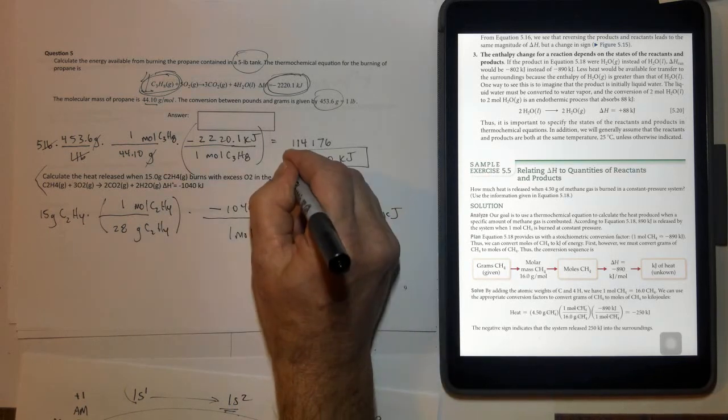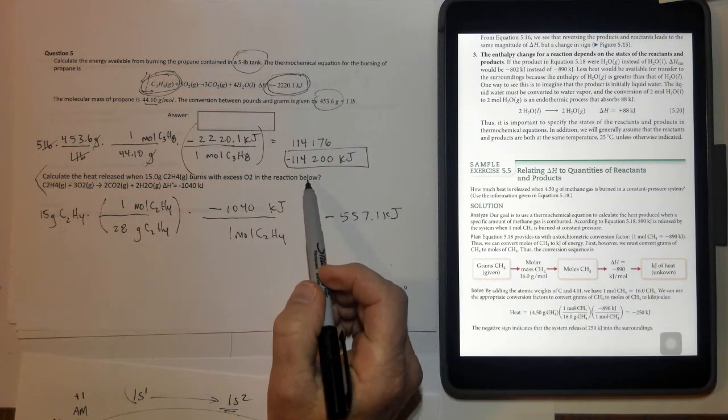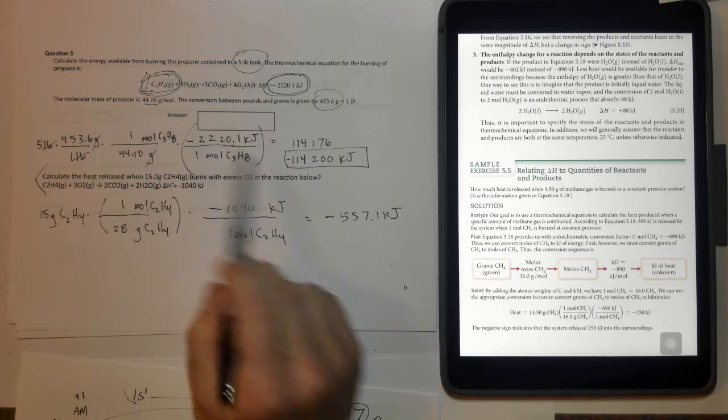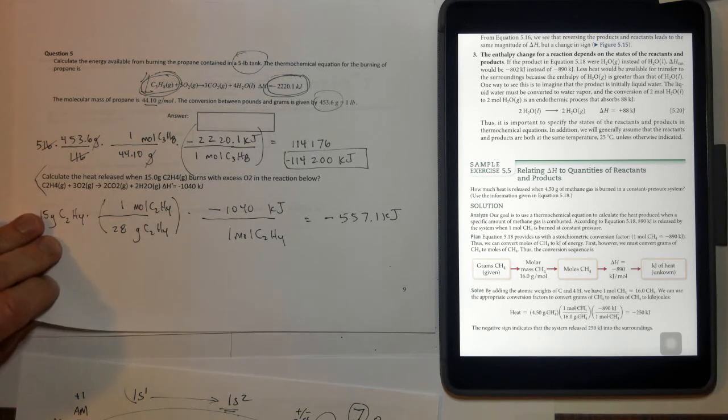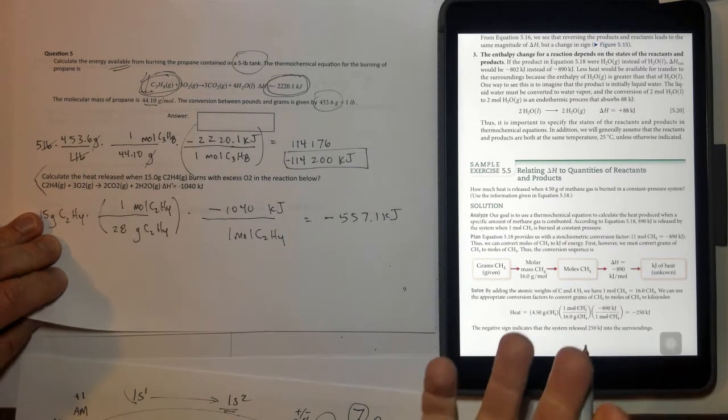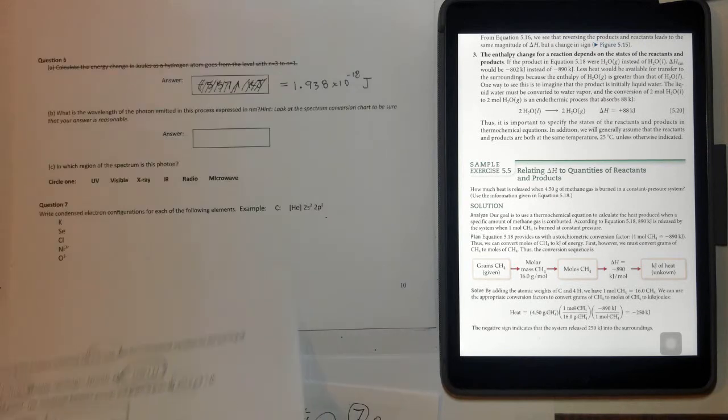I believe this should have a minus sign on it as well because it is energy that's released, because there's a minus sign right here, so it should be a negative amount of kilojoules, meaning that it is exothermic because it's energy that is available or given off to the surroundings.